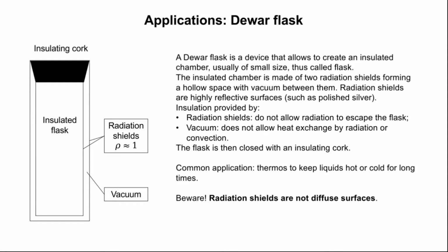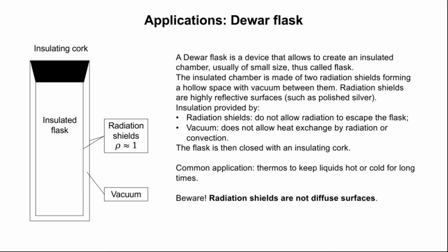Let's look at another application, the Dewar flask. A Dewar flask is a device that allows to create an insulated chamber, usually of small size, thus called flask. The insulated chamber is made of two radiation shields forming a hollow space, with vacuum between them. Radiation shields are highly reflective surfaces, such as polished silver, so insulation is provided by radiation shields, which do not allow radiation to escape the flask, and vacuum, which does not allow heat exchange by conduction or convection.